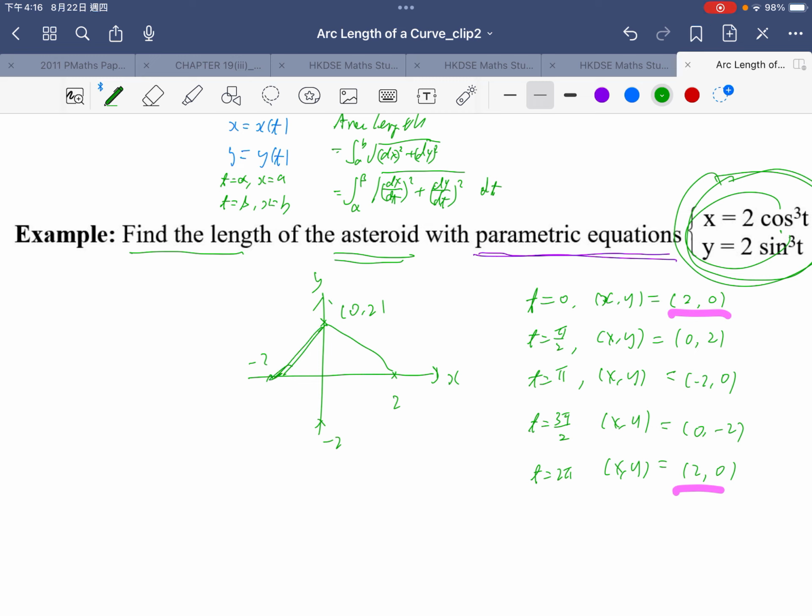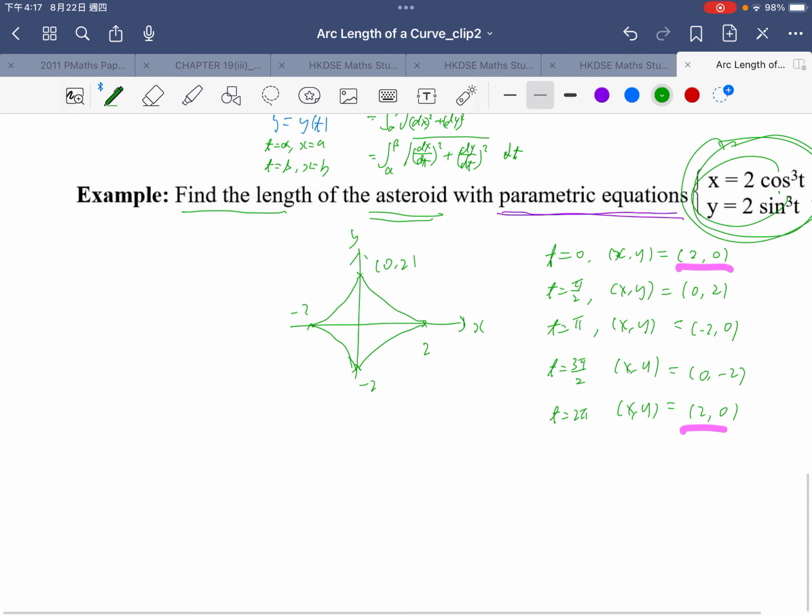I randomly connect these points. This is an astroid. Actually, the shape of the function is like that. Okay, I had better draw the exact shape of the graph.